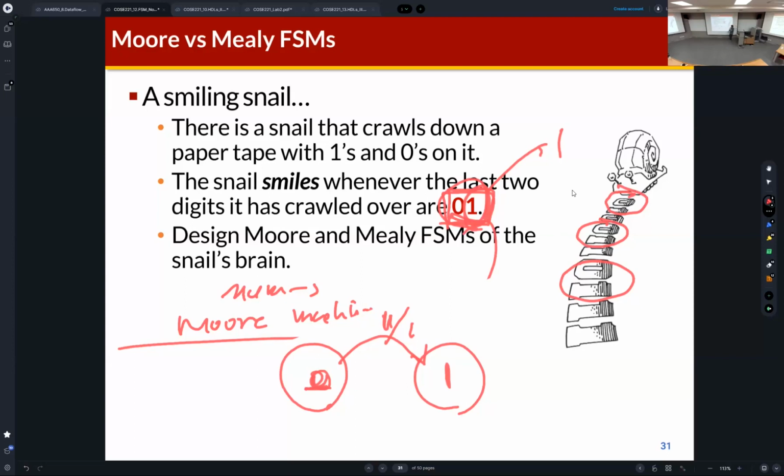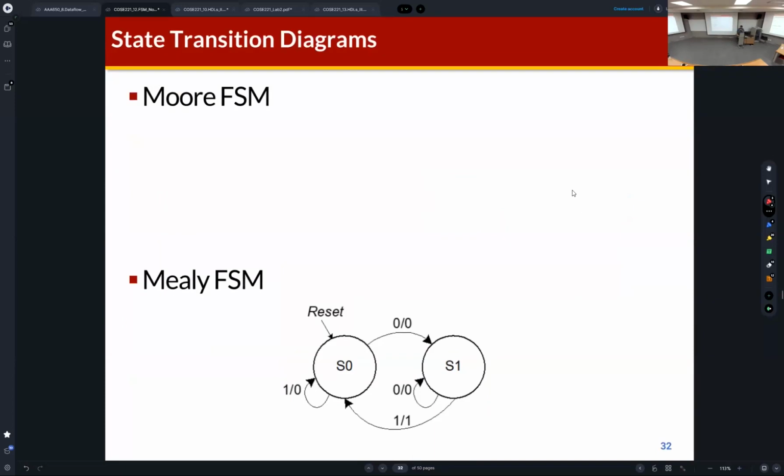Okay, so let's see the example. This is the state diagram of the Mealy FSM. There are two different states, S0 and S1. S0 represents that the previous input is 0, so currently it's 0. And S1 represents that the previous input is 1.